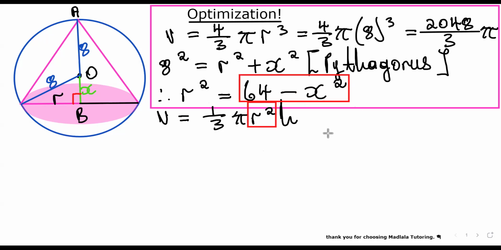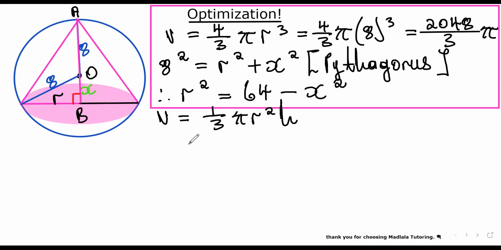Every time we see r squared, we say 64 minus x squared, which means I just need to express the height in terms of x as well. And as a matter of fact, I can, because the height of the cone is simply going to be the radius of the sphere added to that distance OB, which is just x.